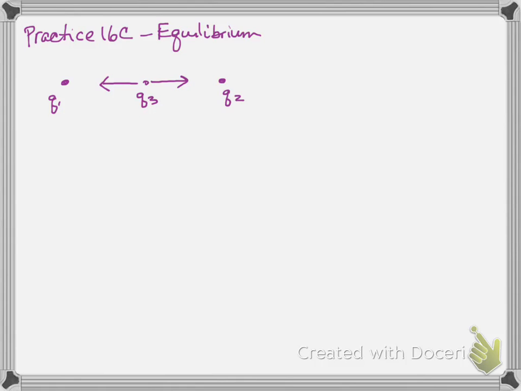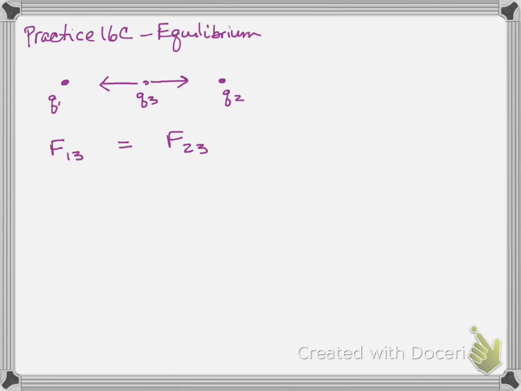Q3 is going to stay put. Good. So Q3 is in static equilibrium, and the force between 1 and 3 equals the force between 2 and 3. So the two forces are equal.